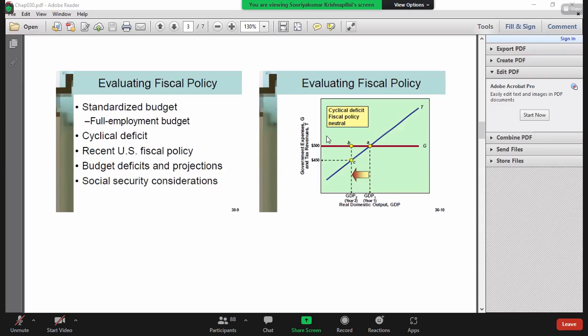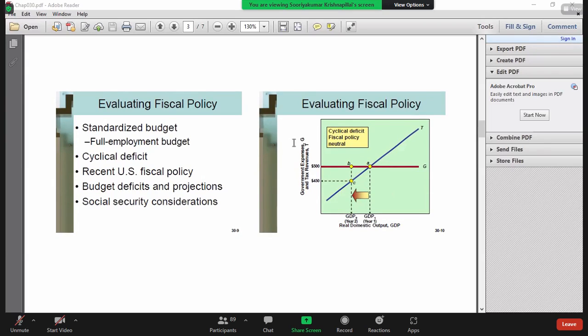Now it's in the recession, below real GDP, but when it reaches the full employment GDP, the tax revenue equals government expenditure. So zero budget deficit, the economy is at full employment, no need to do any fiscal policy, no need to change. So this is the standardized budget.